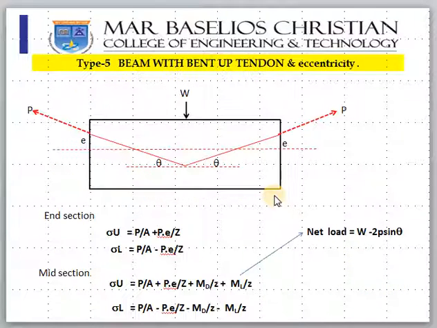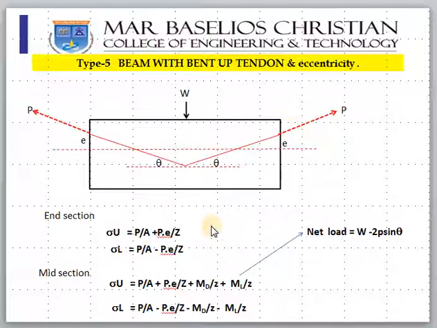Let us do another case wherein it is a bent up tendon having a dip at the center, and at the sides it is moving away from the neutral axis. This is the eccentricity here.